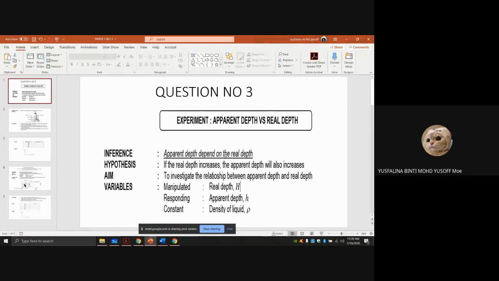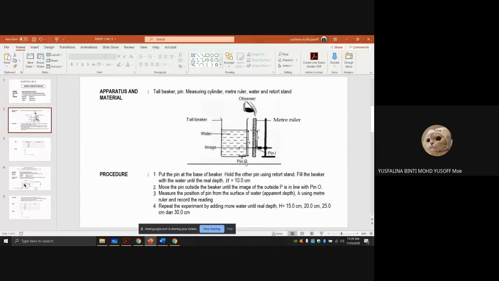If you don't remember, you already can get like 6 marks from here. 1, 2, 3, 4, 5, 6. So you already got 6 marks. Even if you don't know, but you know the variable, you can get 6 marks already.